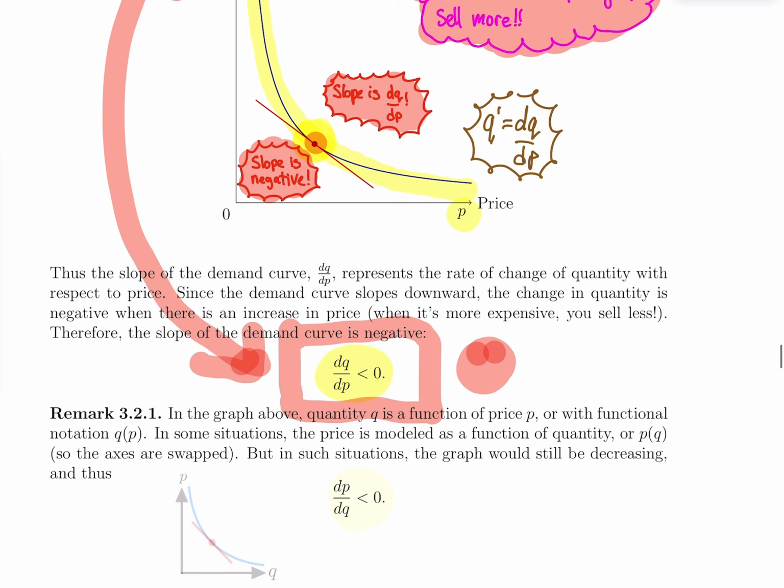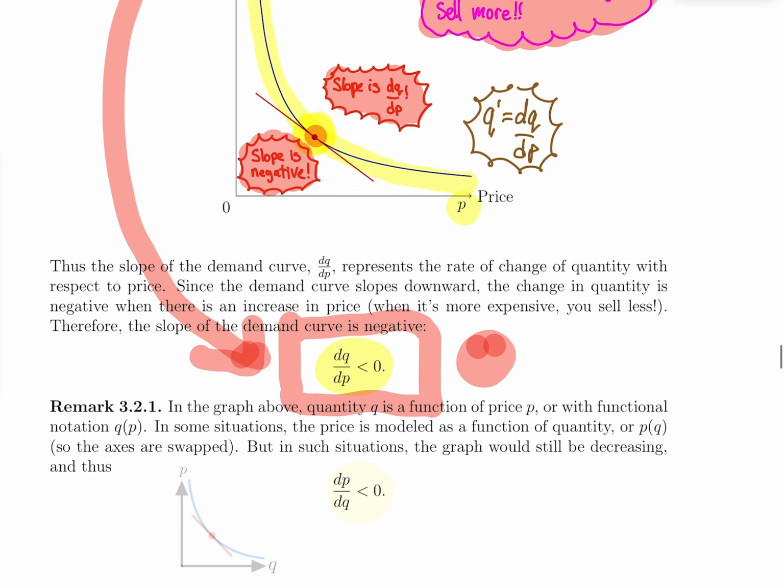Sometimes you will have the price as a function of quantity. So if you want to sell a specific amount, you want the right price for it. But even if you change the x and the y axis, you're still going to get this graph. I just replotted that graph for you. You're still going to get that graph for price that will be decreasing.